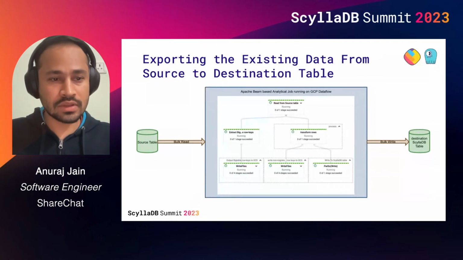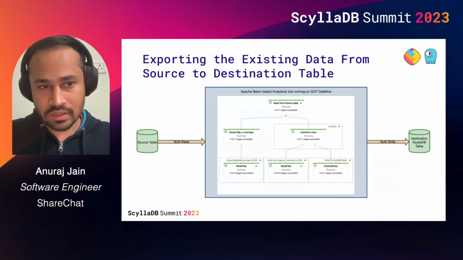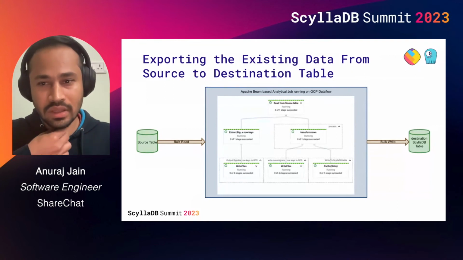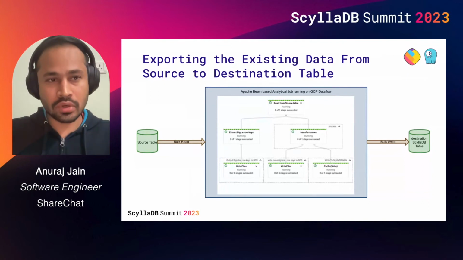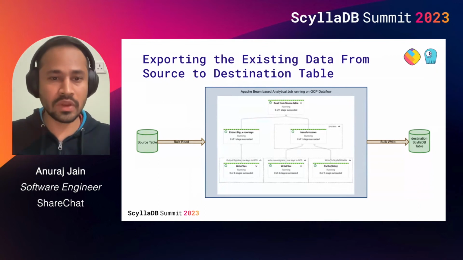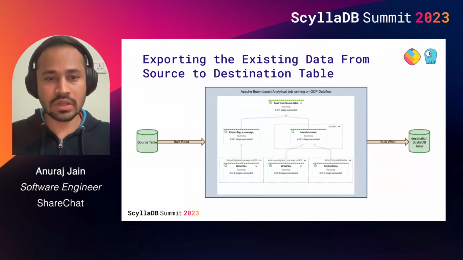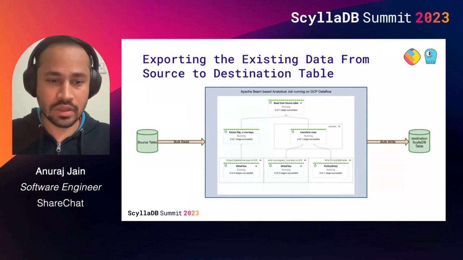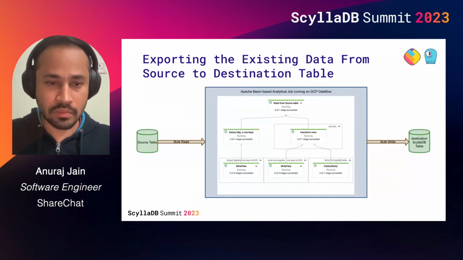Then there are already analytical jobs that serve this purpose, right? So we should be going through the analytical job path. But then there is the question of which approach we should take. Either we take a dump of that source DB into some distributed storage, write an analytical job to do that, and then from that storage we write another analytical job to read that data back into ScyllaDB.